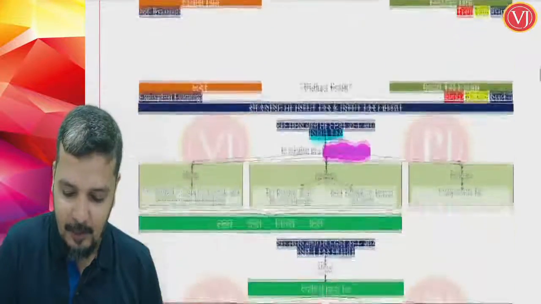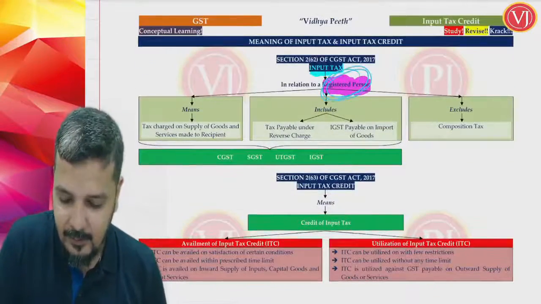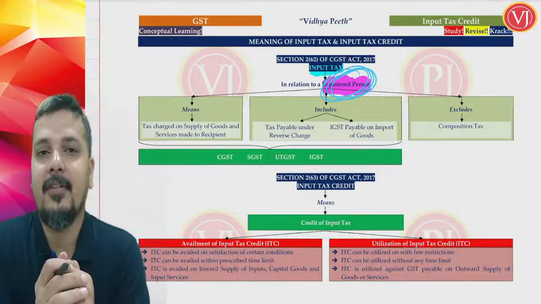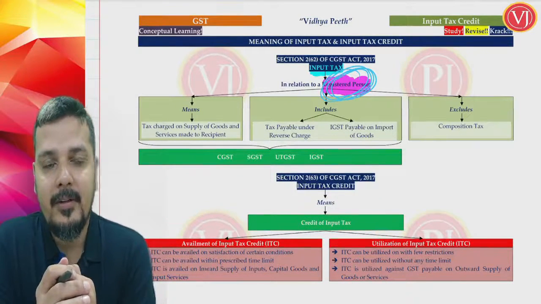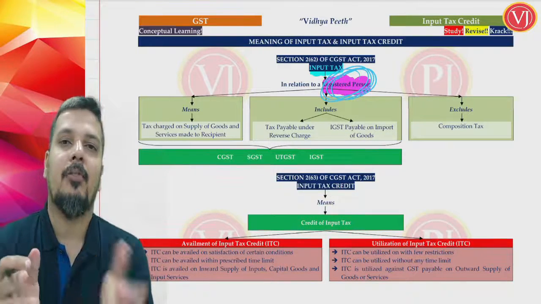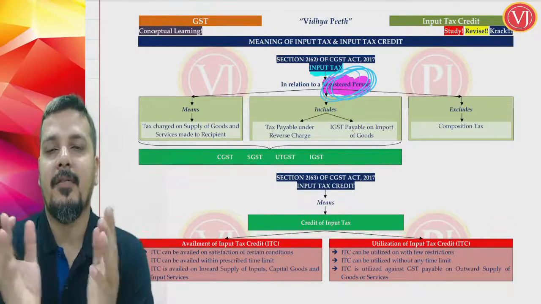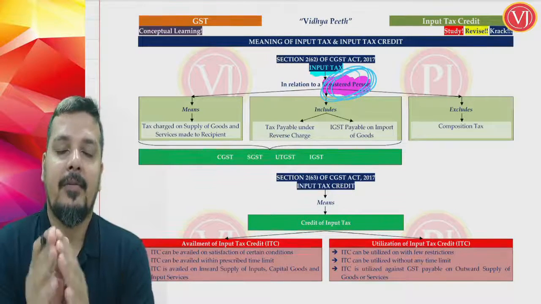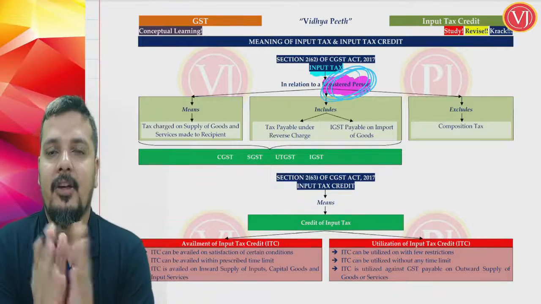But when it is all about input tax, you will find the term registered person. We will understand in depth when we are starting with section 16 and rule 36, rule 37. Right. So if you want to take input tax, you should be a registered person. If you're not a registered person, forget about input tax credit. But for paying output tax, whether you're registered or not registered, you have to pay output tax.